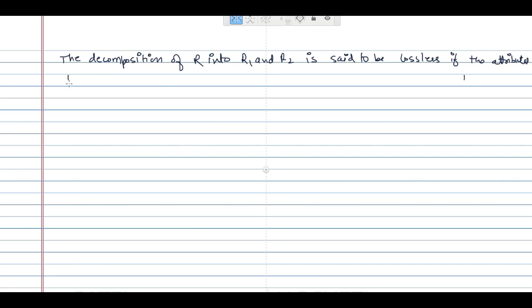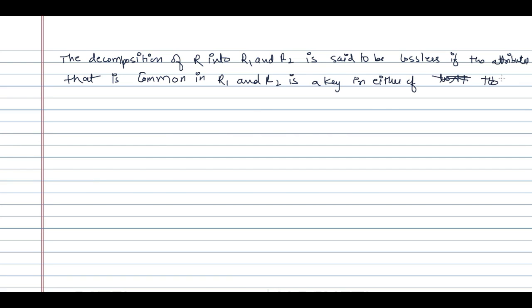So I am saying that the decomposition of R into two relations, which is R1 and R2, is said to be lossless if the attribute that is common in R1 and R2 is a key in either of the relations, right?